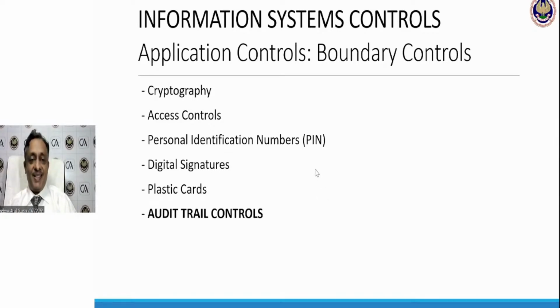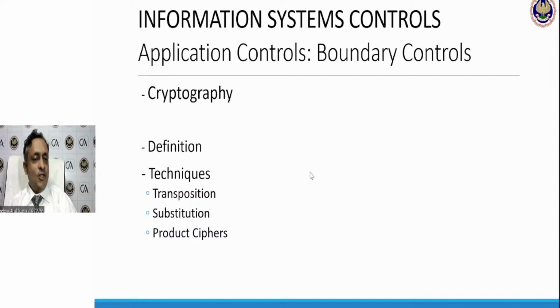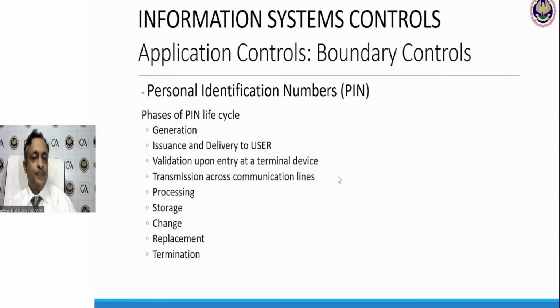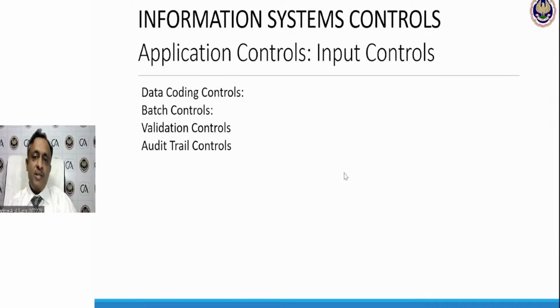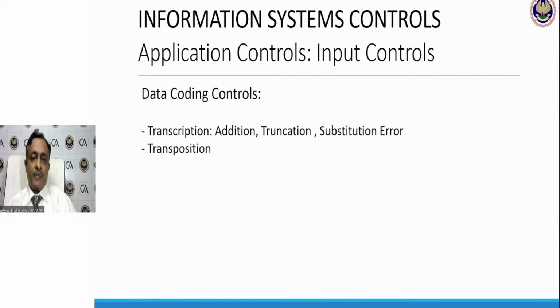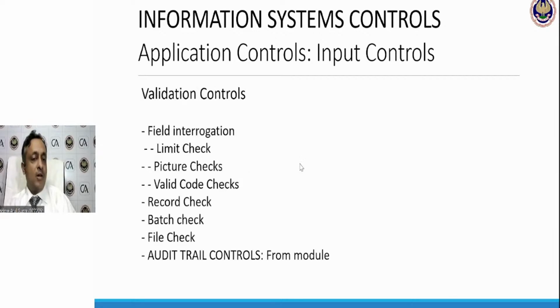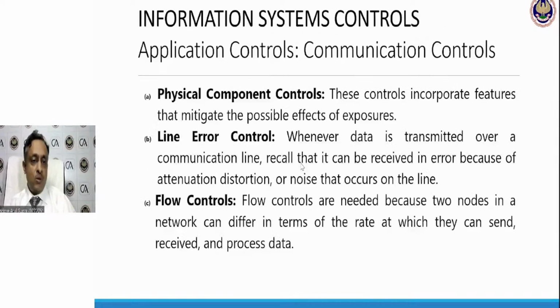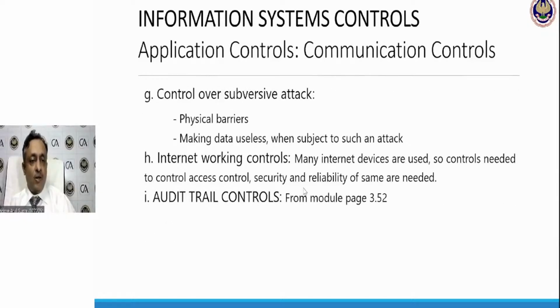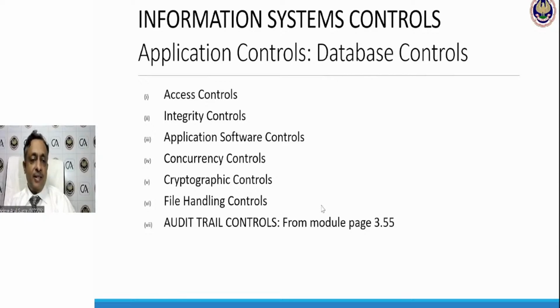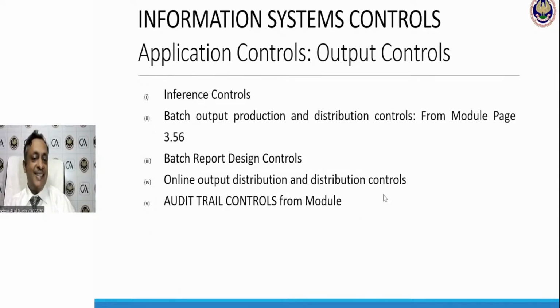We have talked about all this: access controls, types of controls, audit trail controls, input controls, data coding, batch, validation, transcription, addition, truncation, substitution, transposition. It's a fast revision: financial total, hash total, document record count, field checks, then audit controls. Database, inference: I shared an example with you.